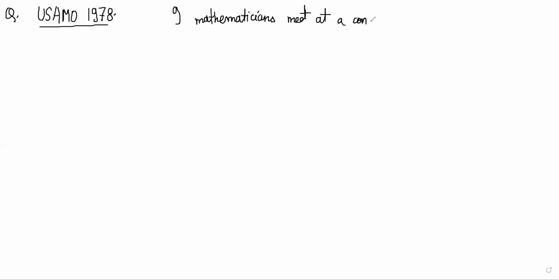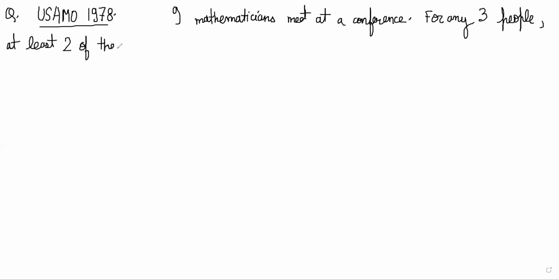This is from US AMO 1978. Okay, so the question is, nine mathematicians meet at a conference. Now, for any three people, at least two of them can speak in the same language.